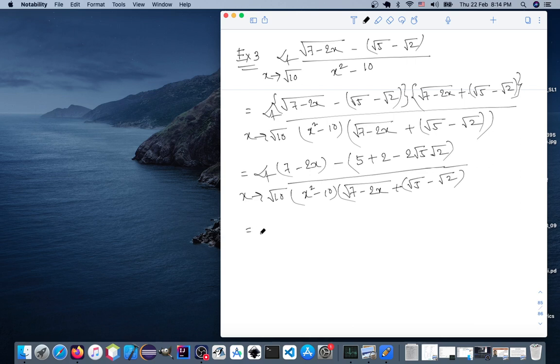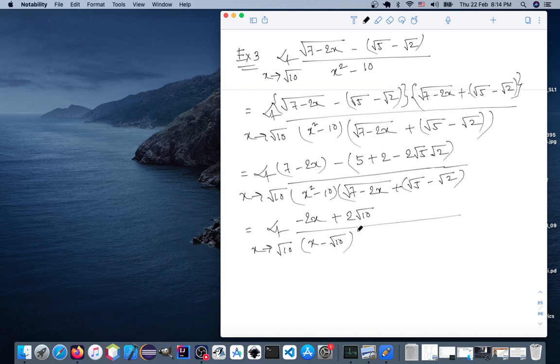Now this becomes, 7 gets cancelled, and we get minus 2x plus 2 root 10. So clearly we can see, if you take 2 common, we will get x minus root 10. So we can here factorize this as x square minus 10.